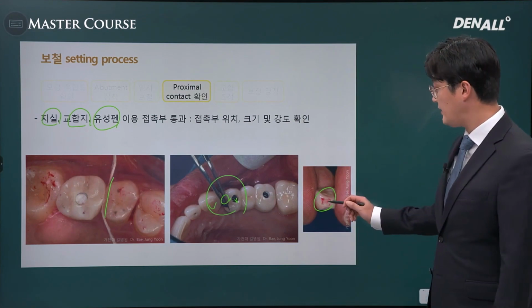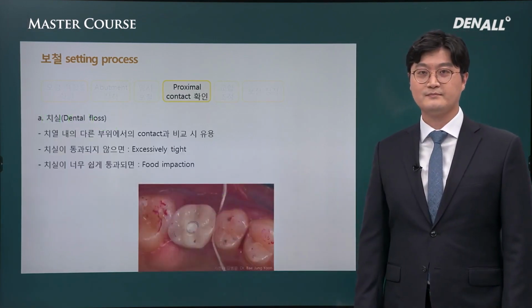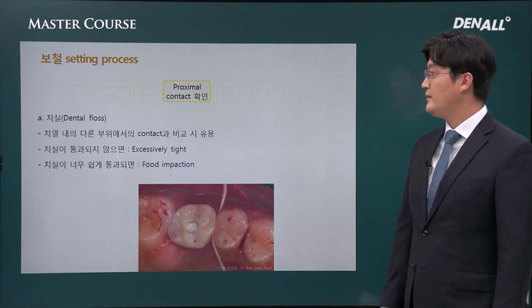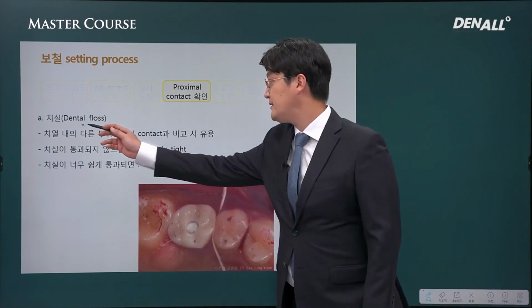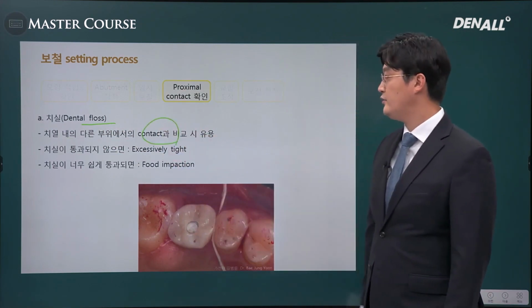With a marker, if the area is tight, you can check where it is tight using the marker. This is the floss. You can only see the contact with this.